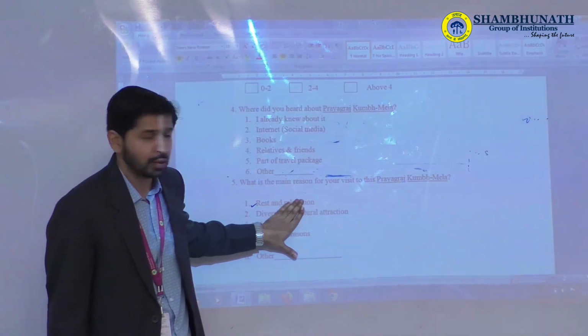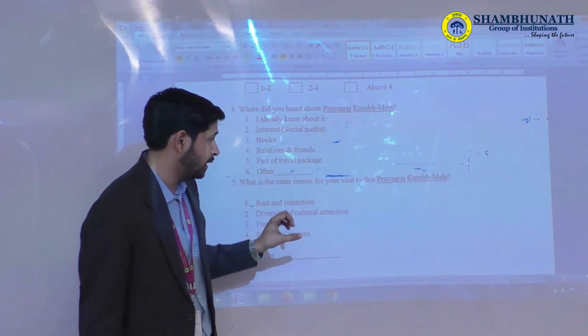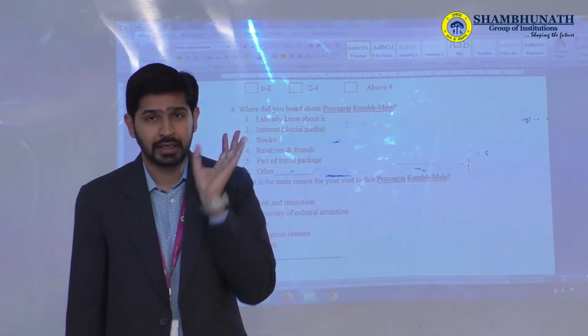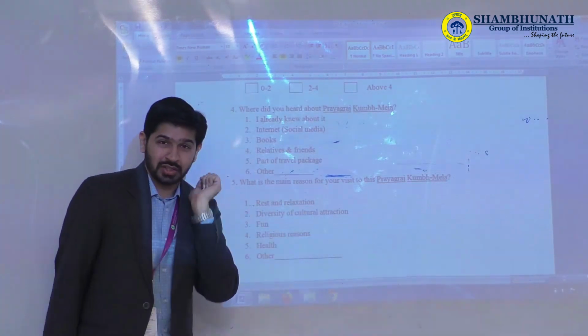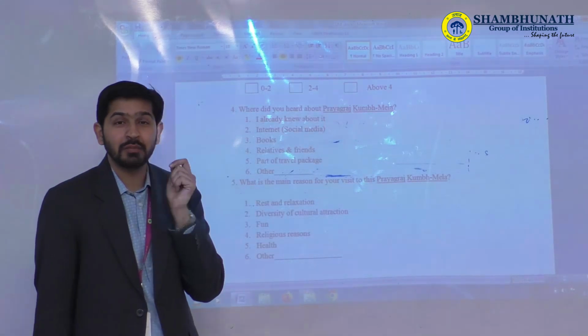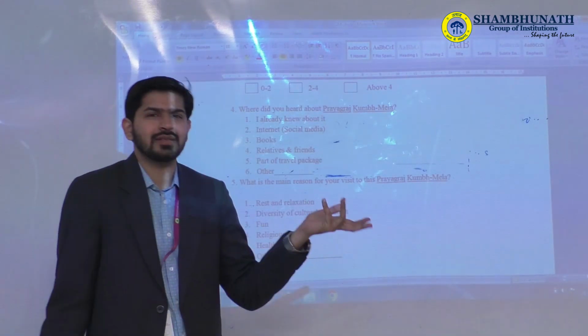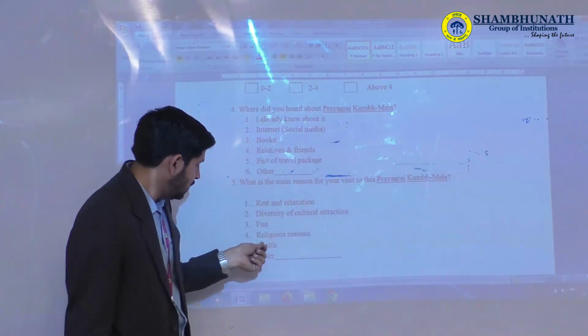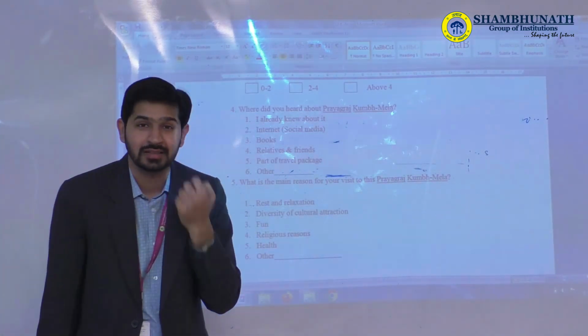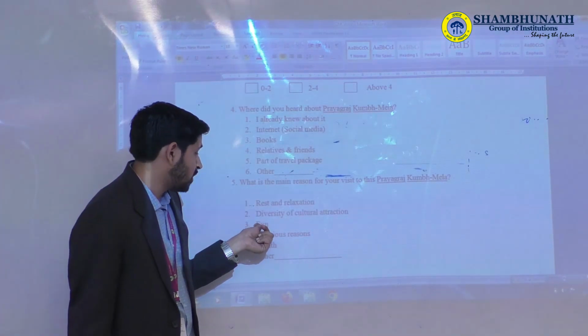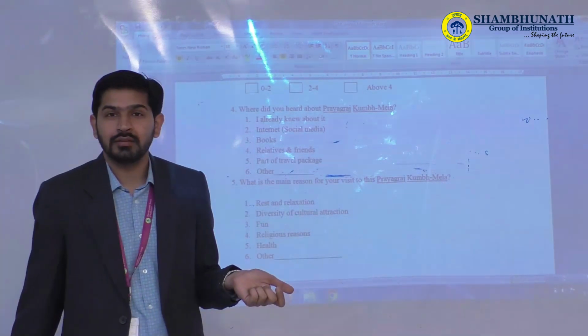This question is very important because we have to find out the reason behind coming to the Kumbh Mela. So, rest and relaxation. Most may say they are here only for rest and relaxation. But see the fourth option, religious reasons. What are the religious reasons? Some say we are coming here for fun.